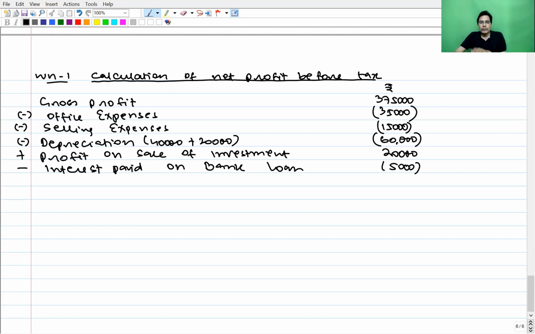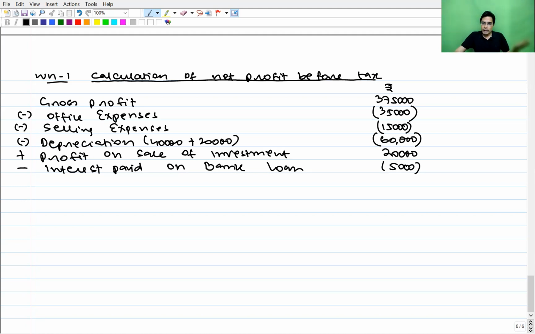Since it was not available, we used to compute it by taking the difference in P&L, difference in general reserve, etc. In this question, they have not given the balance sheets, but they have given all the information by which we can find the profit before tax in a straight and easy way.